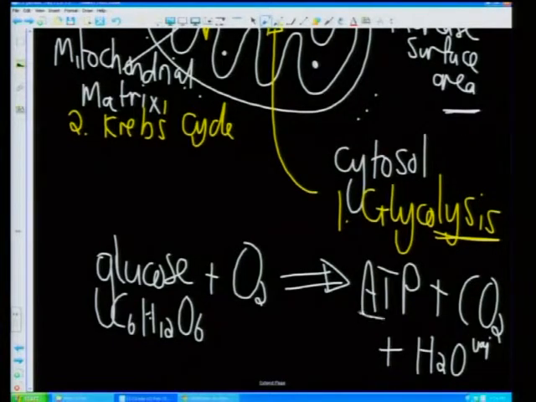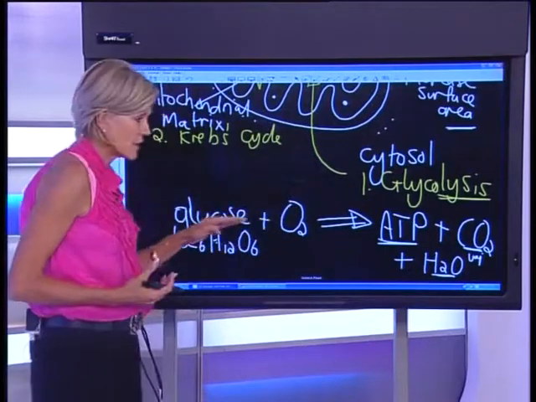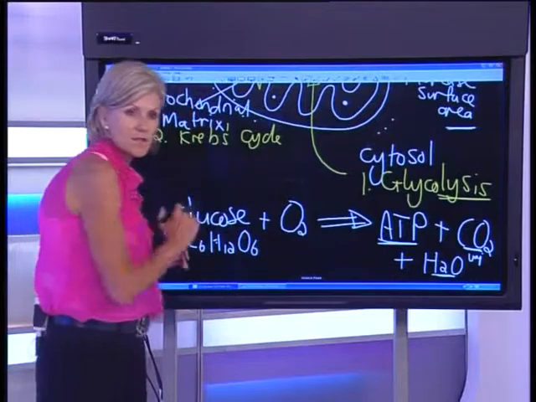Okay, so there's the energy, there's the carbon dioxide, and there's the water. And that's what comes out of plants as well. And if you look at this formula, the exact reverse is photosynthesis.